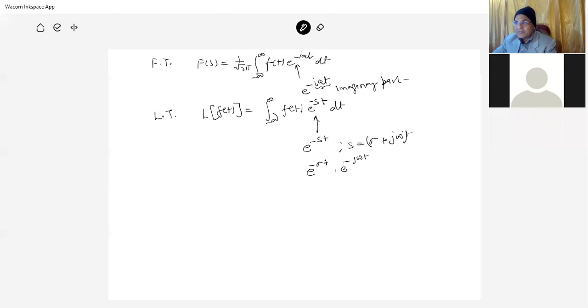So in case of Fourier transform, we are using only e raised to the power minus j omega t. In case of Laplace transform, we use e raised to the power minus sigma t as well, in addition to that. And that's why the Laplace transform has a different feature than the Fourier transform.